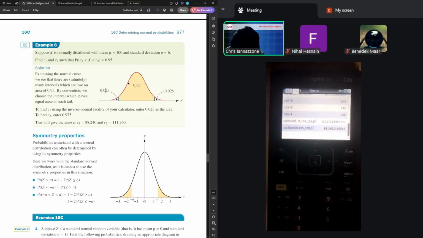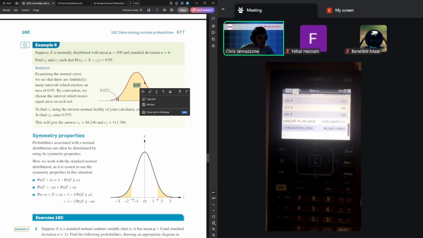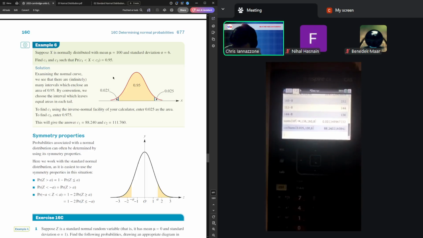We're going to get our lower bound of 88-ish, which, if you look at the book again, C1, is roughly 88 there. To get the upper bound, again you need a left-pointing area, but it has to point all the way left, all the way down to minus infinity. So you don't just put in 0.95, you put 0.95 plus 0.025. You want everything left of that interval.